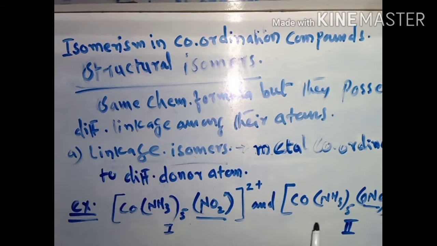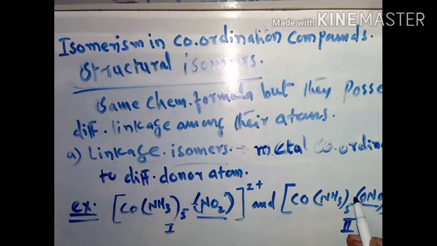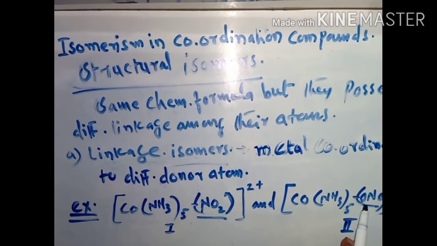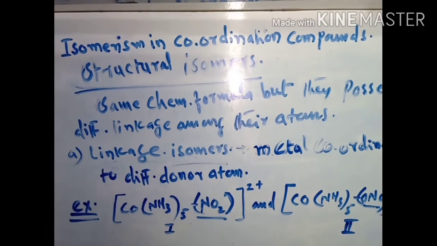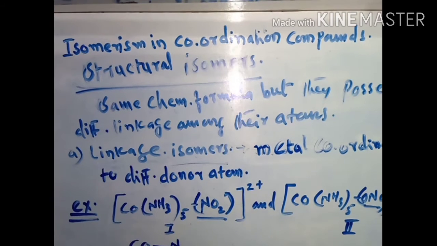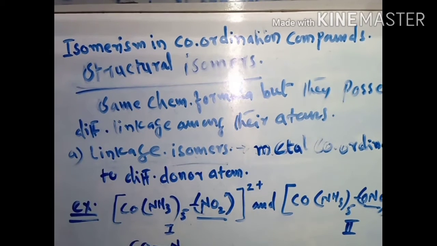they both are the same complex, first and second, but here the linkage is different. Here the linkage of the central metal ion is to the nitrogen atom, here the linkage is oxygen to the central metal ion. Now we can say that in complex 1 cobalt is bonded by nitrogen, this nitrogen atom of NO2, this is the linkage.